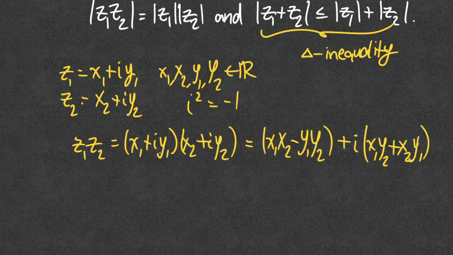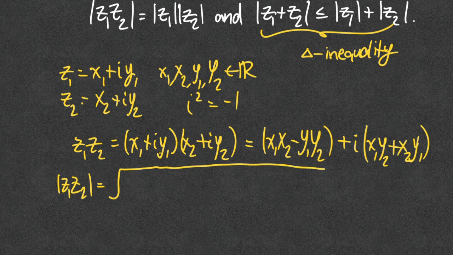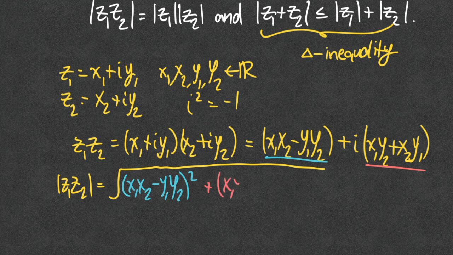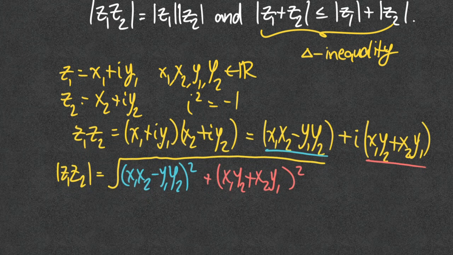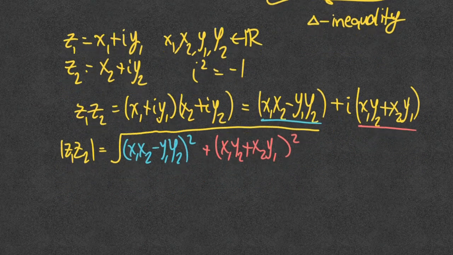Next up, to take the modulus of this, remember the modulus is going to be the square root, big long square root, of the real part squared, this real part squared, plus the imaginary part squared. And we're just going to have to FOIL this out. Okay.